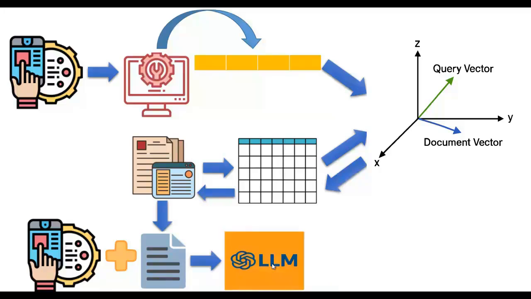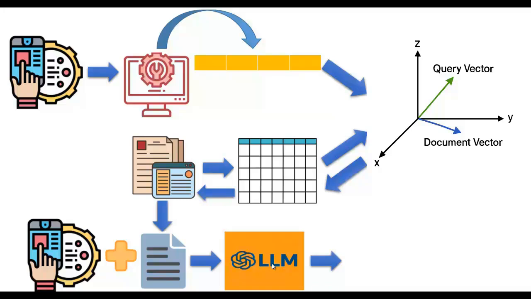Now, when the LLM answers the question, it's not just guessing based on general knowledge. It's giving a response based on real, relevant documents from inside the company. That's the core idea of RAG, Retrieval Augmented Generation.